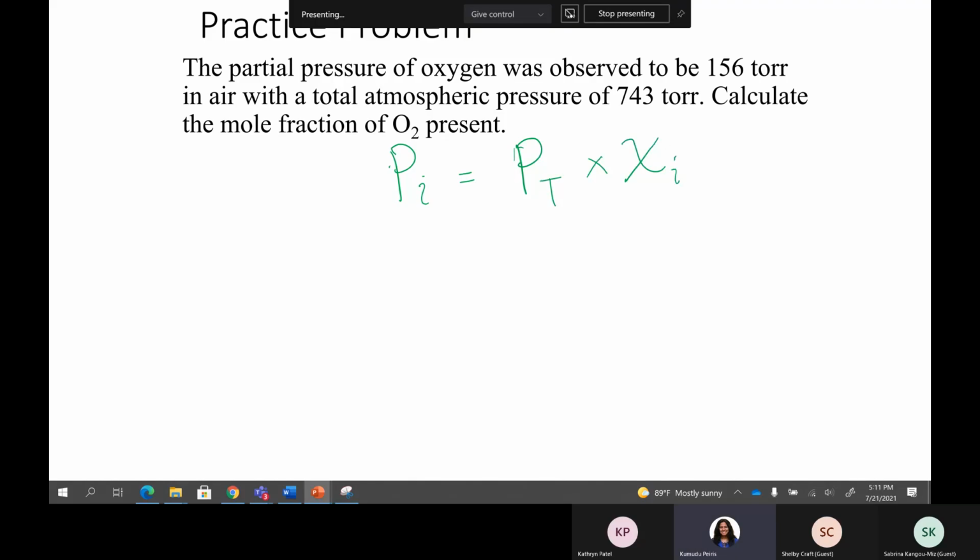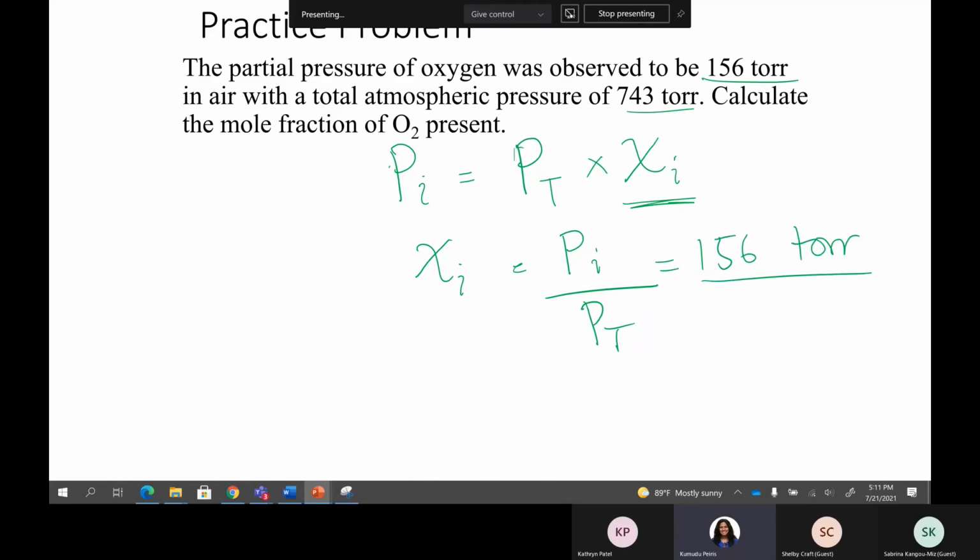Now we are looking for the mole fraction. Mole fraction equals the partial pressure divided by the total pressure. The partial pressure of the oxygen is 156 divided by the total atmospheric pressure, that is 743. Questions?